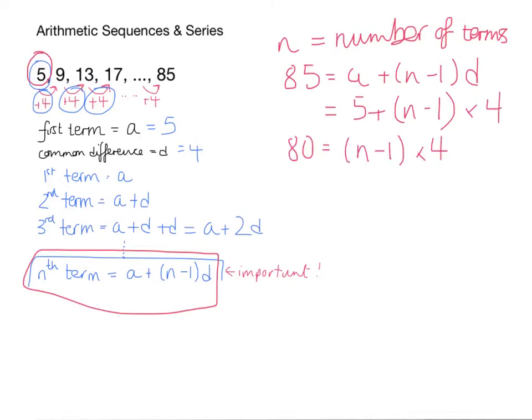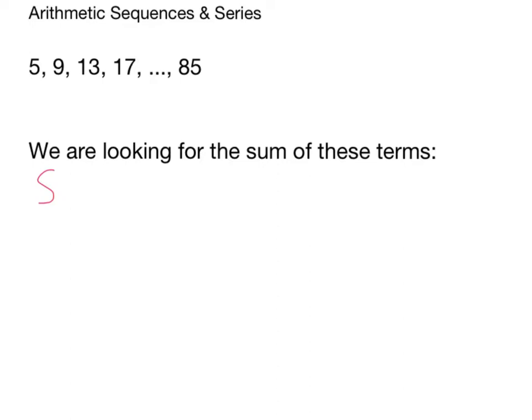So 80 is (n take 1) times 4. Therefore n take 1 equals 20, therefore n equals 21.